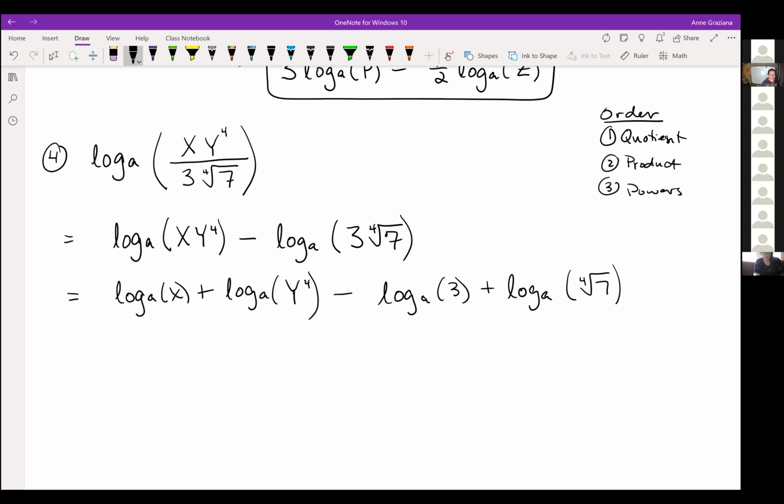Now, the only thing is you have to be careful because I'm subtracting that entire quantity. So you do need parentheses there. Make sure. Parentheses are necessary.